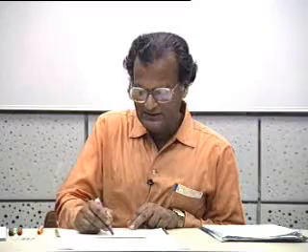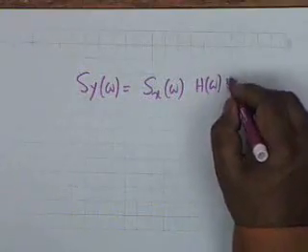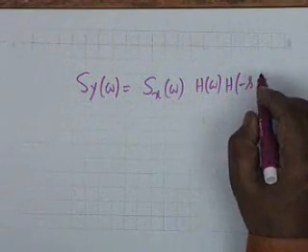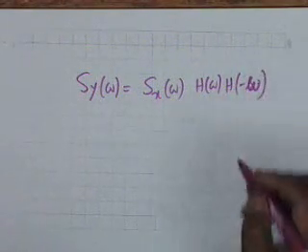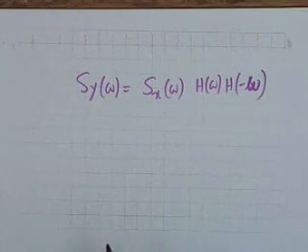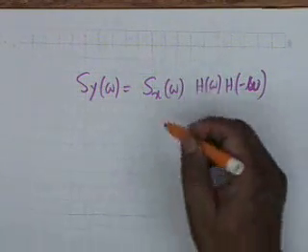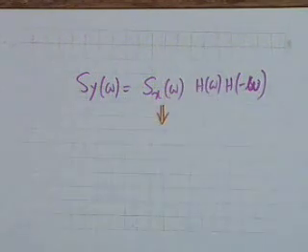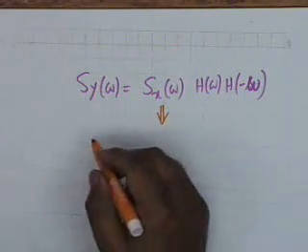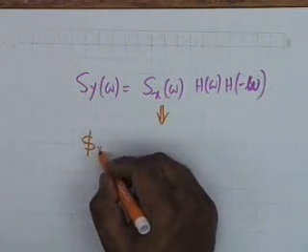Well, let's write it down again. Sy of omega equal to Sx of omega multiplied by H of omega multiplied by H of minus omega. If I transfer this to the s plane by analytic continuation, then I shall write Sy of s.